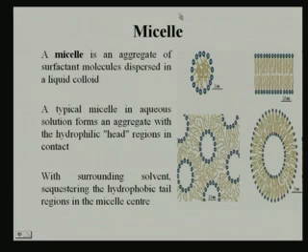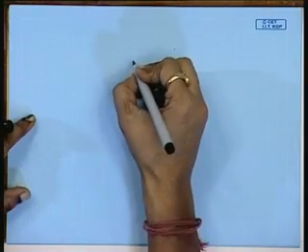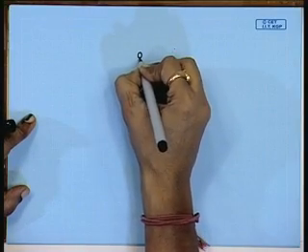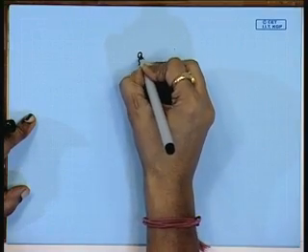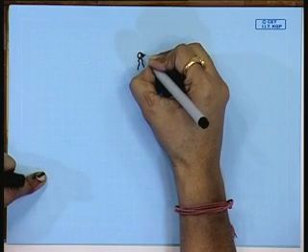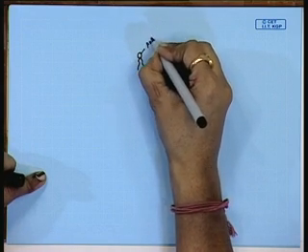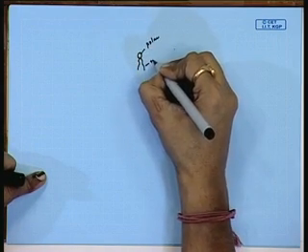Now, when we are coming to micelles, a micelle is an aggregate of surfactant molecules dispersed in a liquid colloid. As I have already mentioned while discussing the structure, we have seen that a fatty acid has a polar end and a non-polar tail.